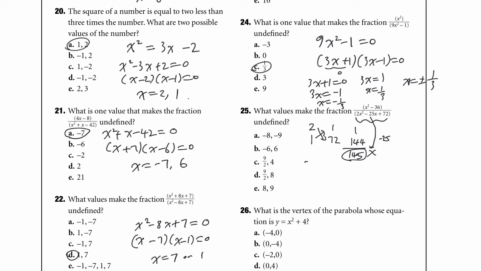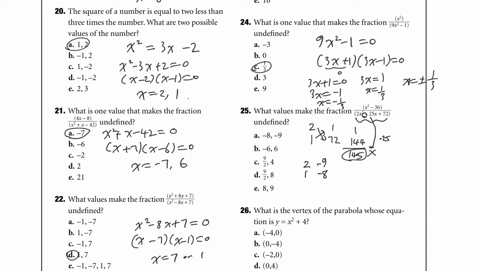So let's try again. 2, 1, and since this has a negative sign, I would expect the second set of numbers to both be negative. So let's try that again. Let's try 8 and 9. Negative 8 and negative 9.